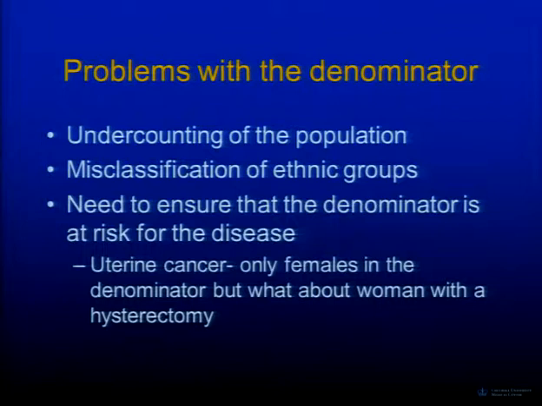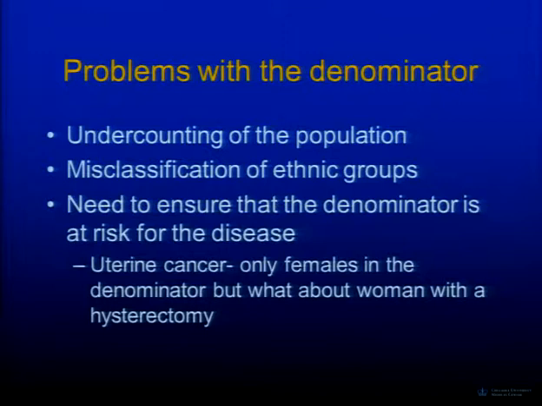And then there are also problems with the denominator. Sometimes we have undercounting of the population. This has been true for a lot of the census, where particularly minorities were being undercounted. Also, you have misclassification of ethnic groups. For the census, they let you self-declare, and whether or not the person is answering that honestly and accurately is not really clear.